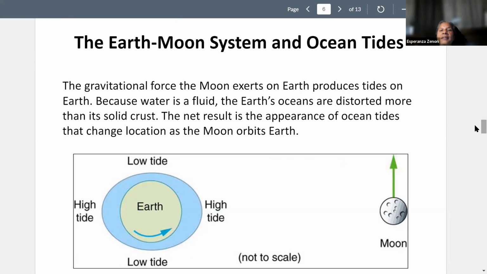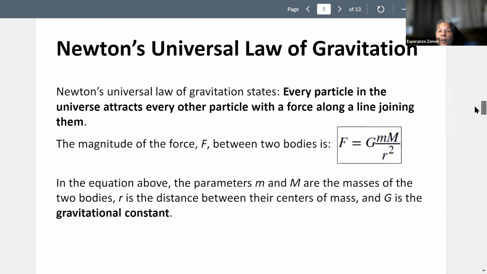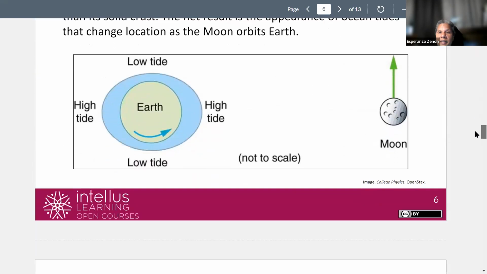So this is an example of this gravitation force playing itself out, right? Because in the formula, the little m would be the moon, and the big M would be the Earth. And then we just have to know the distance between them, and we could figure out how much pull, right?